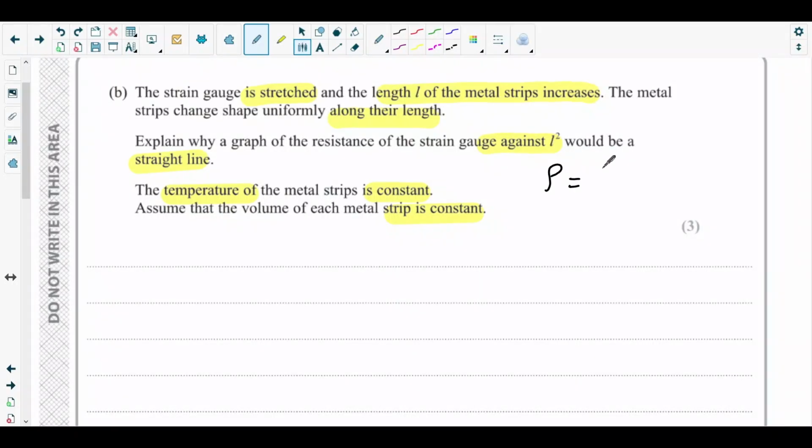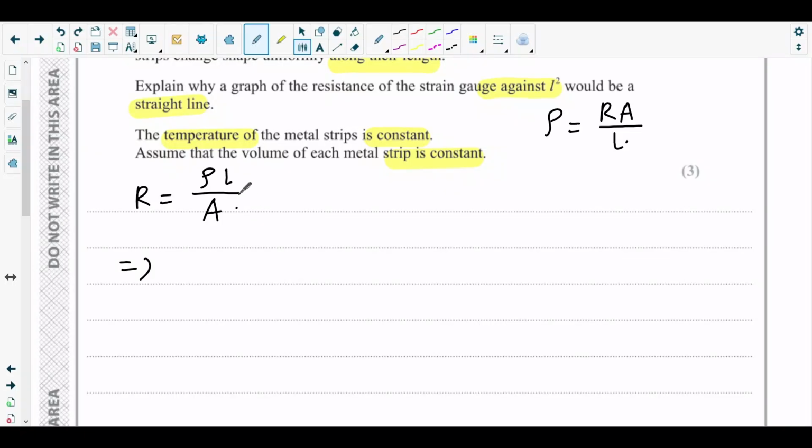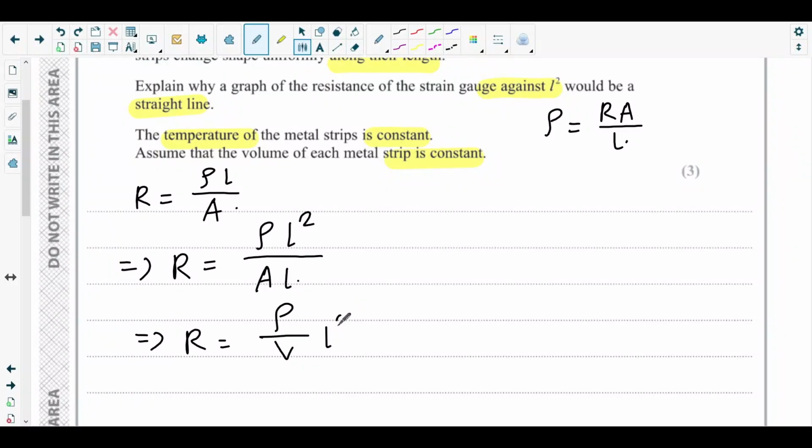We know that rho equals RA over L. Making R the subject, R equals rho L over A. If we multiply the top and bottom of the right hand side by L, R equals rho L squared over AL. Area of cross section times L is basically the volume. So we can write R equals rho over V times L squared.